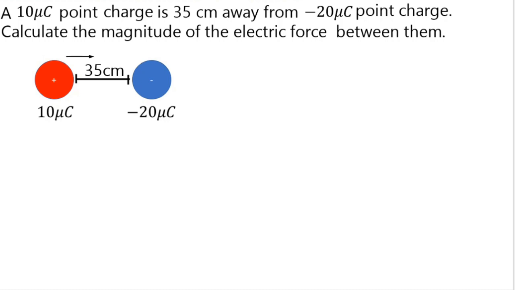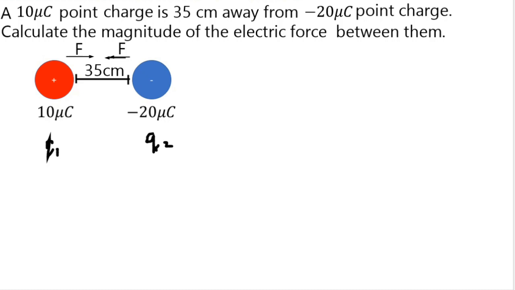They are opposite. We have a positively charged particle and a negatively charged particle here. Now we have a force acting on this one. So how do we calculate it? First, we're going to use Coulomb's law that we discussed earlier.